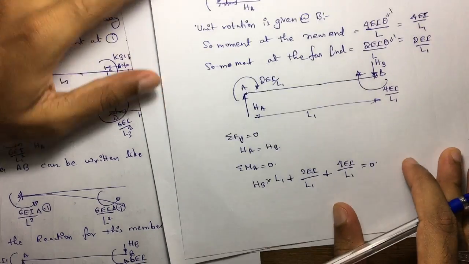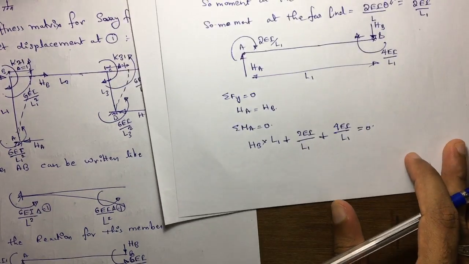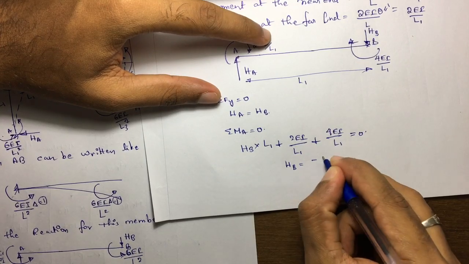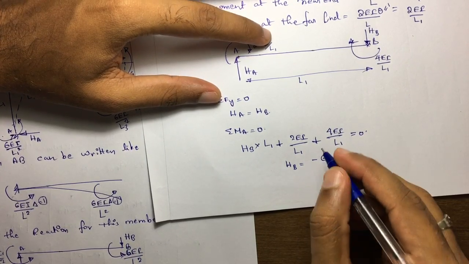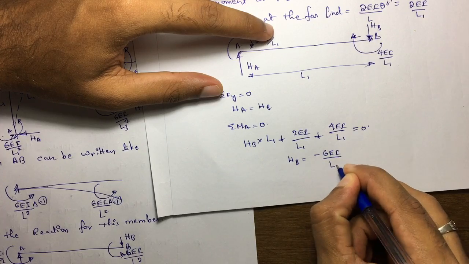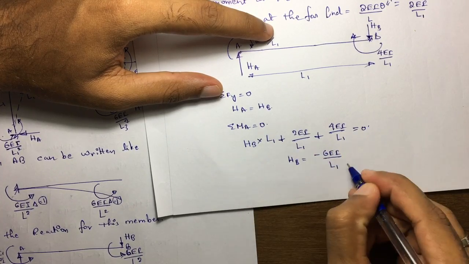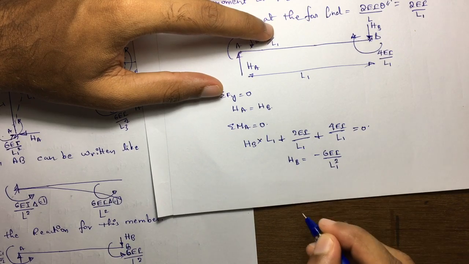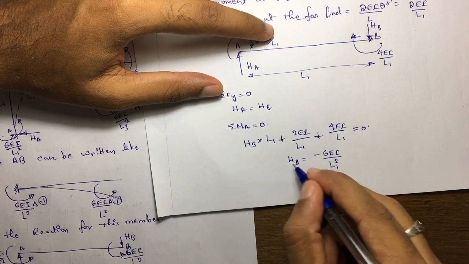So therefore HB is equal to minus 6EI divided by L1. I will bring that down, that is 6EI divided by L1 square, that is HB.